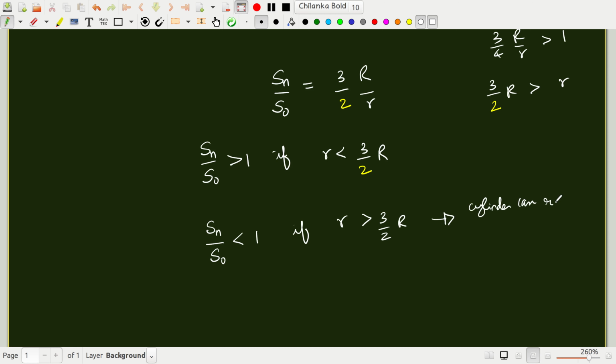the cylinder can reduce its surface energy by breaking up into, let's not call it small, into drops of radius greater than 3 by 2 R. Now this is a spontaneous process.